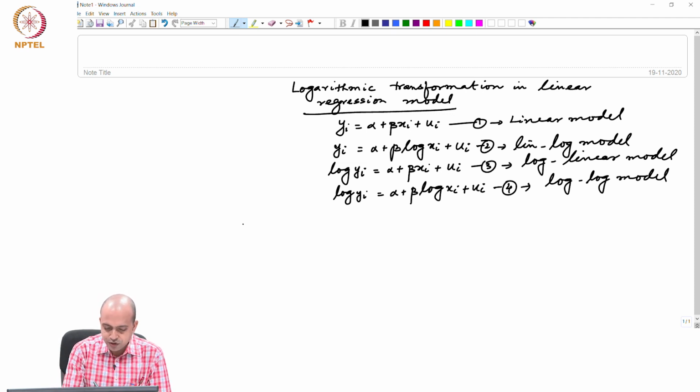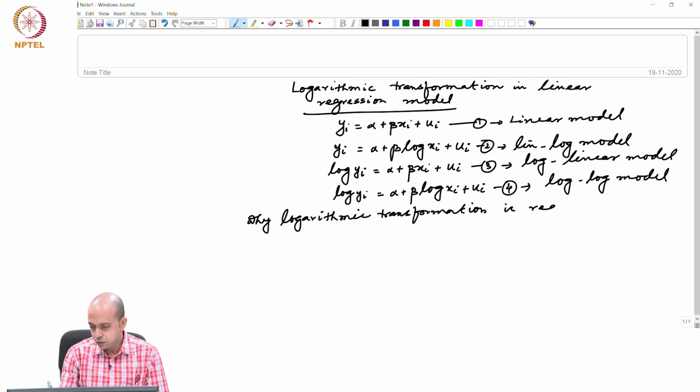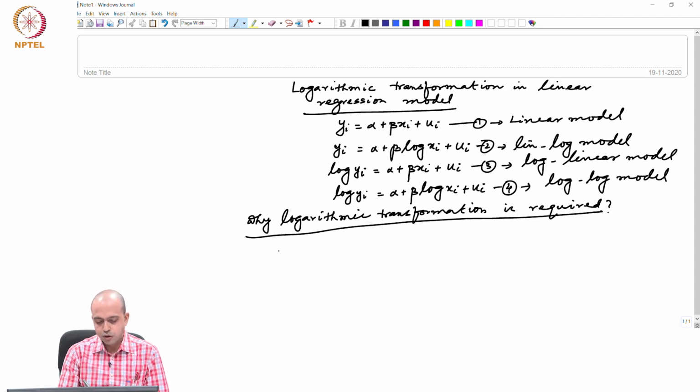So, let us first understand why logarithmic transformation is required in empirical research. There are several reasons. I will discuss one by one.